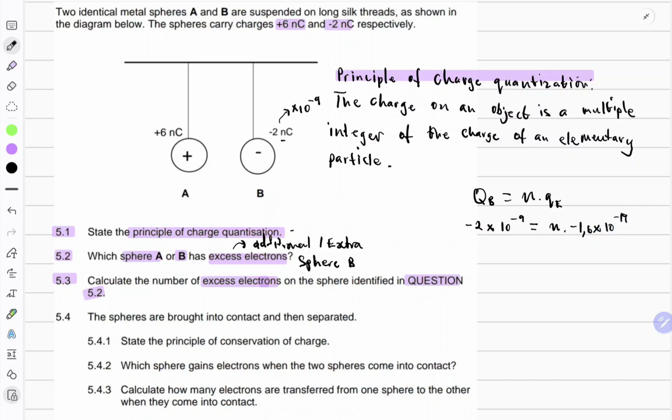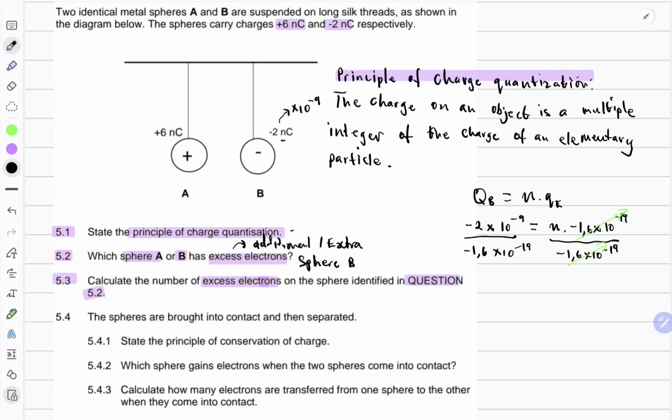Now we're looking for N, so you can divide throughout by negative 1,6 times 10 to the power of negative 19, and on this side as well. So these cancel out.